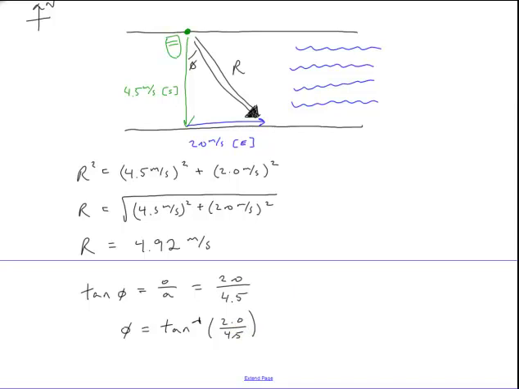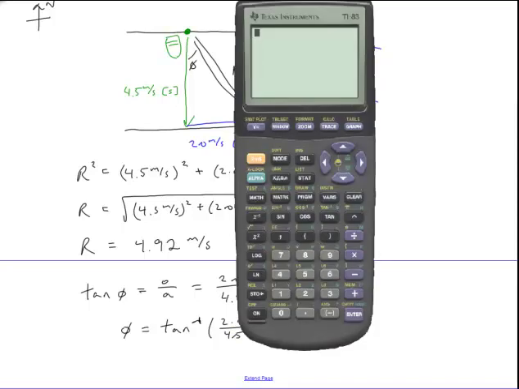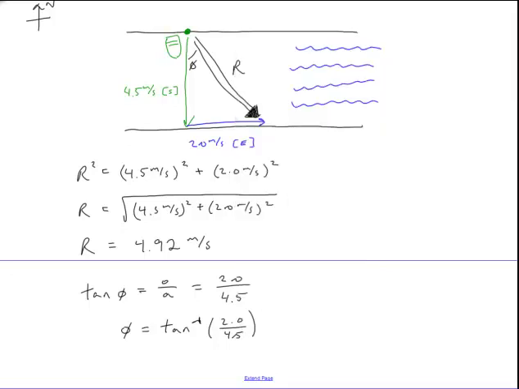And again, we'll use our calculator to solve that. So let's find tan inverse. 2 divided by 4.5. And we get 23.96 degrees. So theta equals 23.96 degrees.